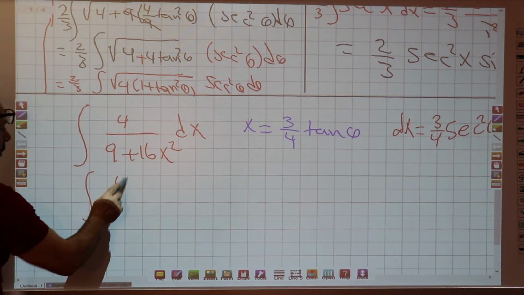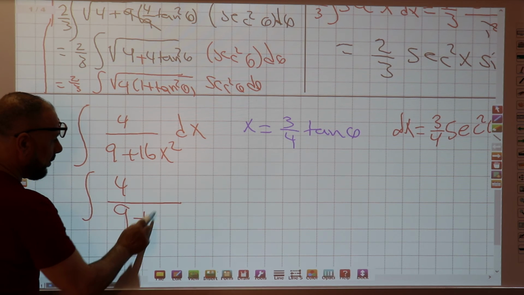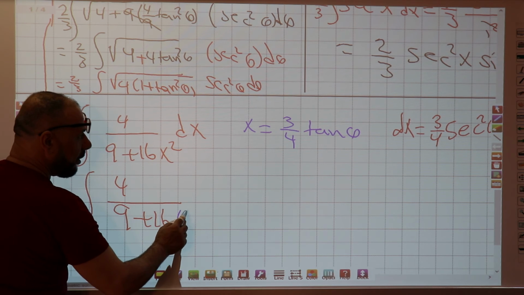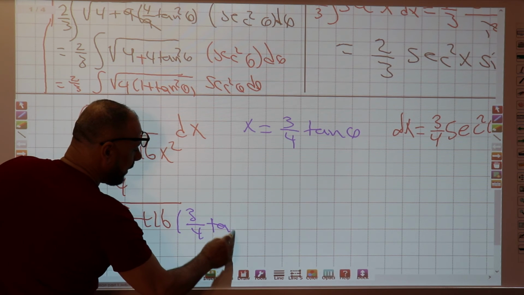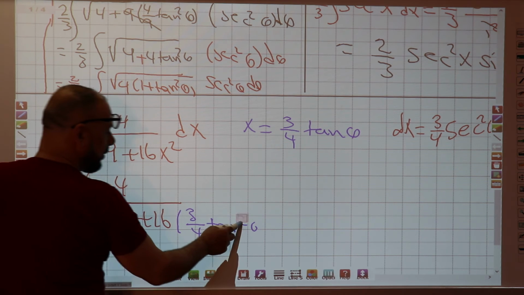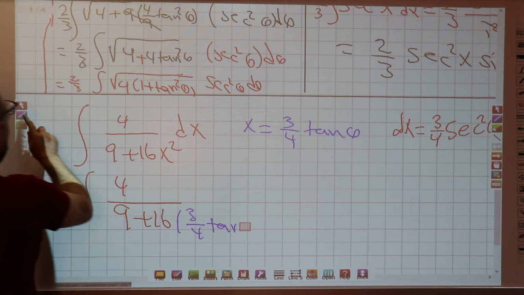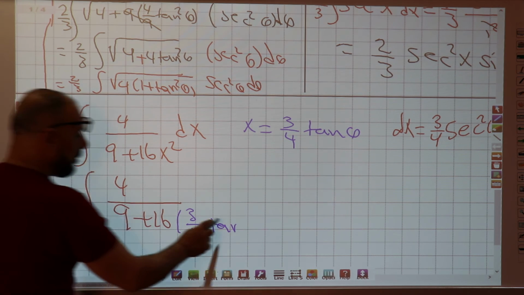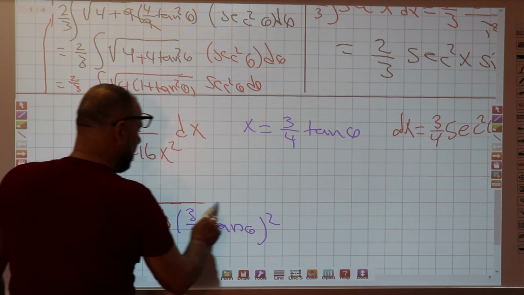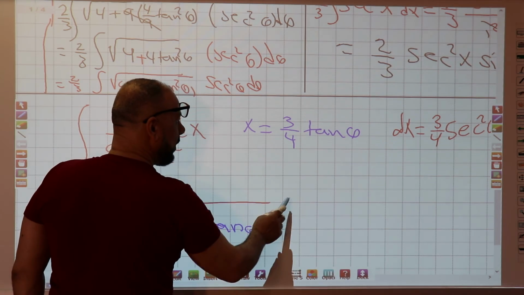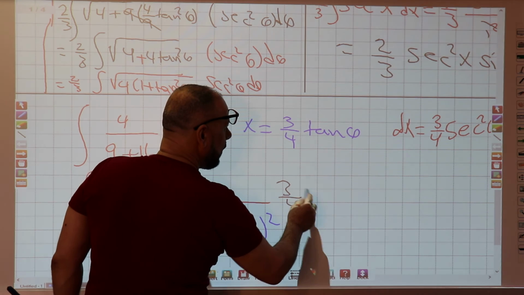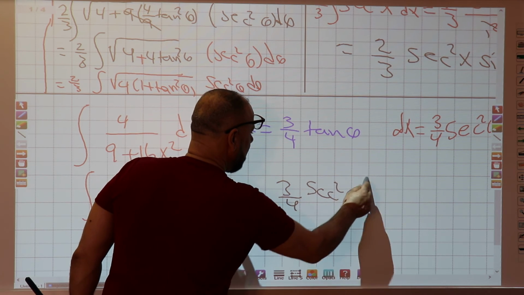The integral of 4 over 9 plus 16, and the x is 3 over 4 tan theta, squared, and dx is 3 over 4 secant squared theta d theta.